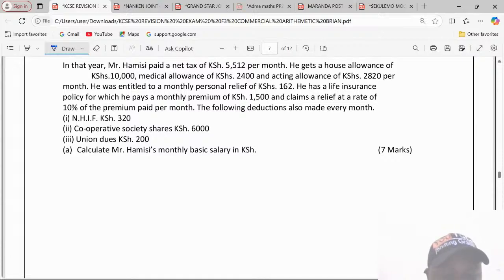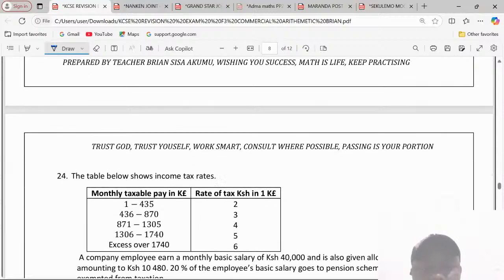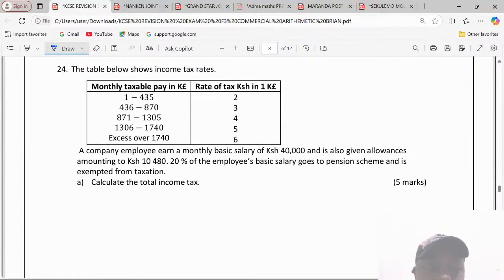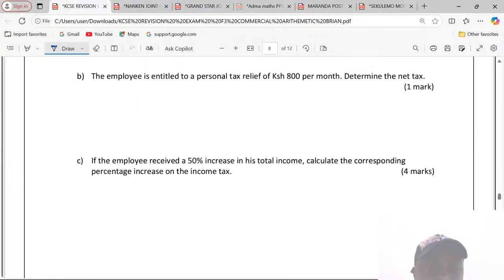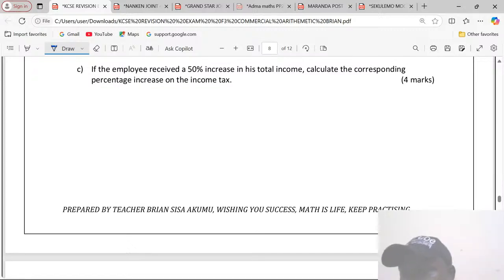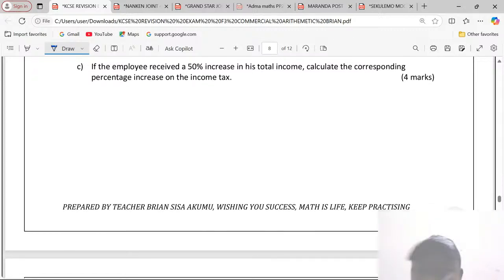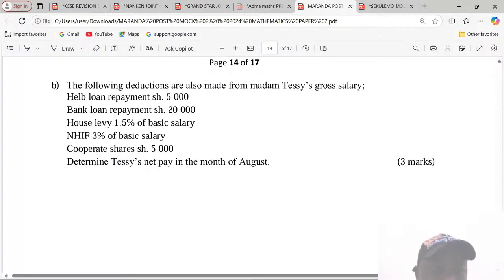You just screenshot the question and work on it later. There are several, also this. Part B, part C of that question. This one we have seen.